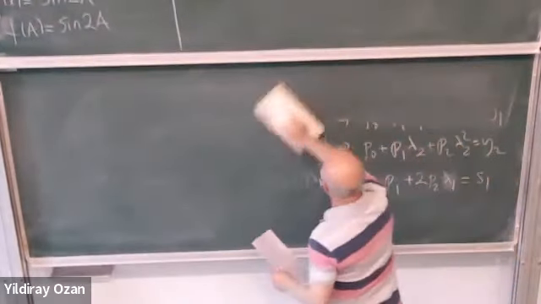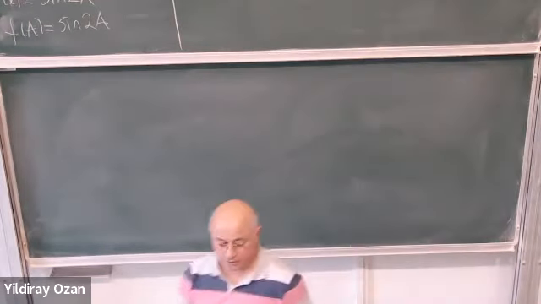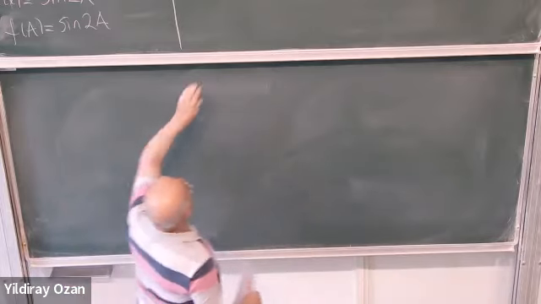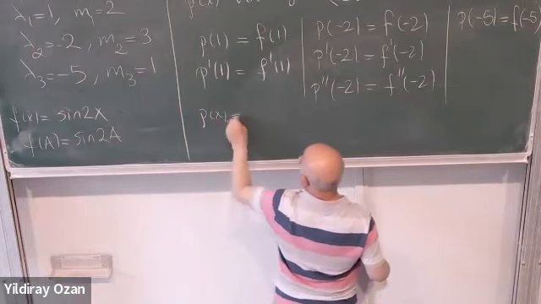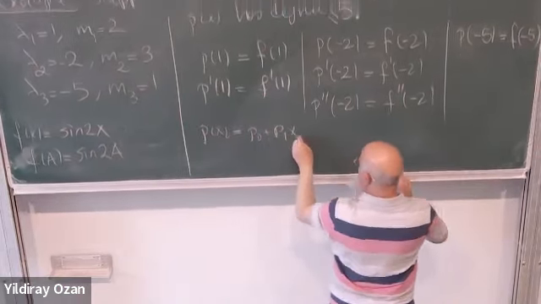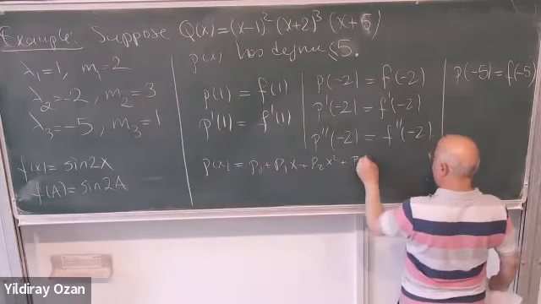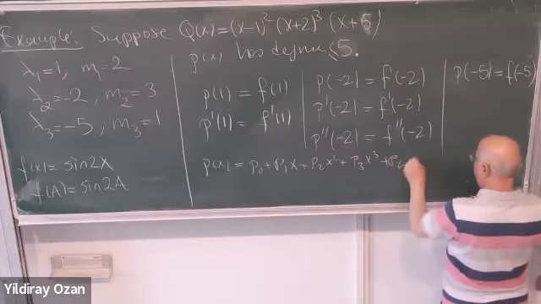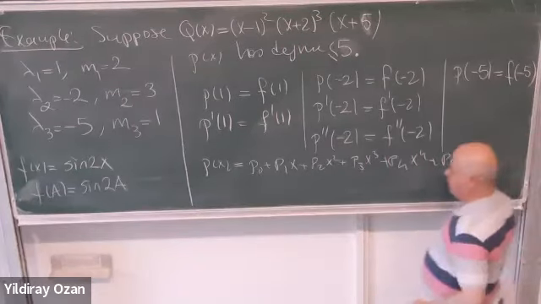Let's see the linear equations. Right. So P of x is P0 plus P1 x plus P2 x squared plus P3 x cubed plus P4 x to the 4 plus P5 x to the power 5.